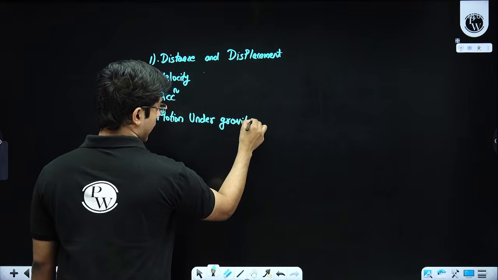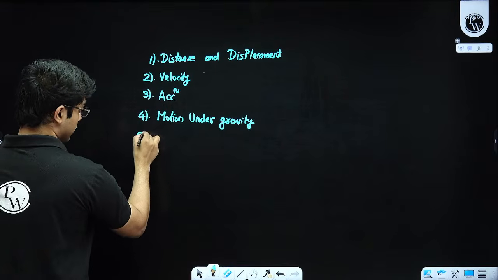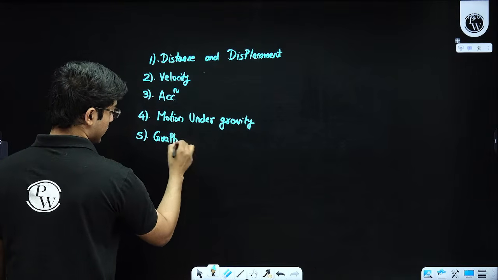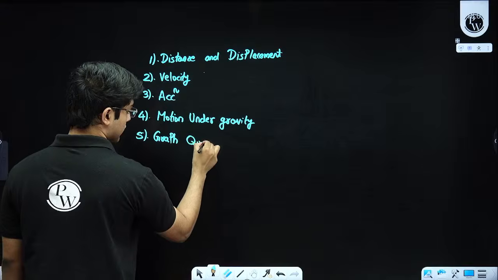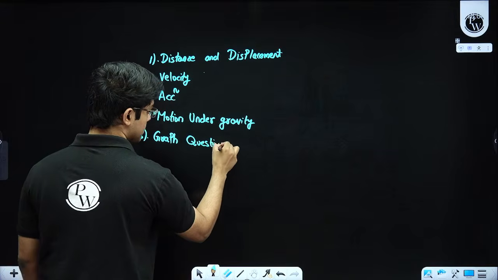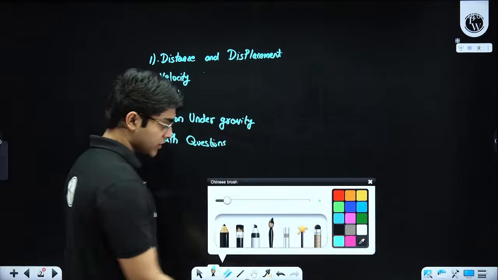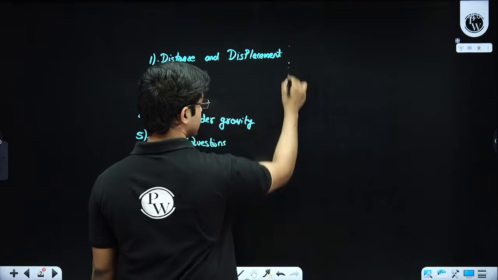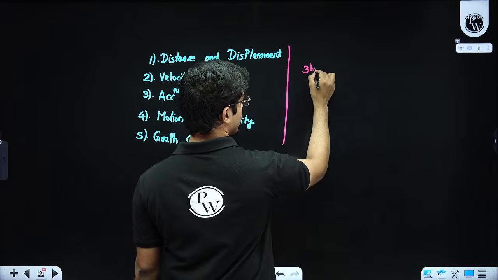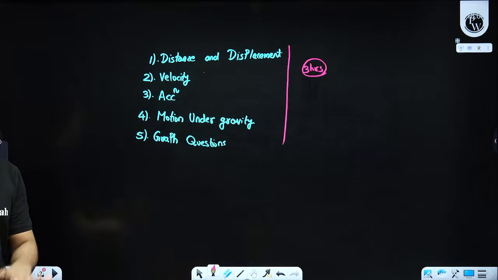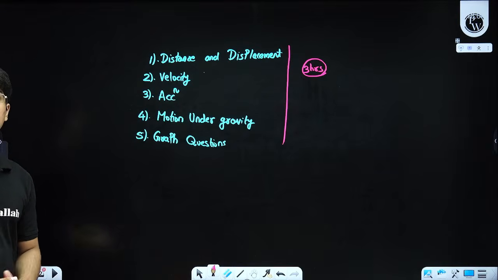And in case we have time, we will also cover all types of graph questions in this lecture. We will try to finish all this in 3 hours, which is the approximate duration of the lecture.